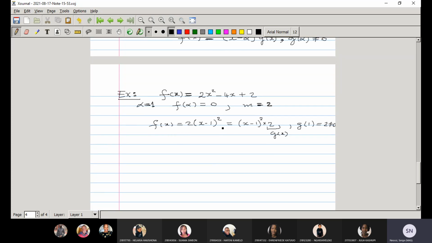Now, if I differentiate this, f prime of x, what is it? f prime of x will be 4x minus 4, right? And that is still 4 times x minus 1.